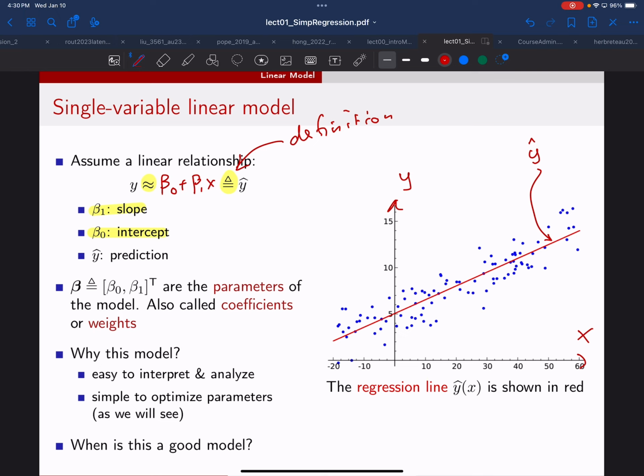Okay, and so this model is determined by these two parameters, and rather than writing them as separate things, it's mathematically convenient to put them together into one quantity, which is going to be a vector, this vector beta. And similar to homework 0, if you started it, throughout this course I'm always going to use boldface quantities for vectors.